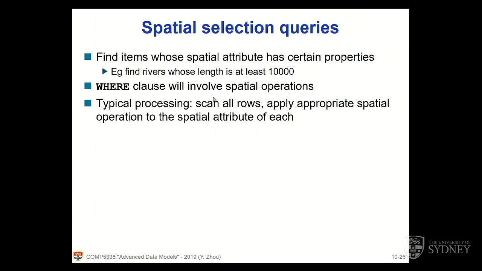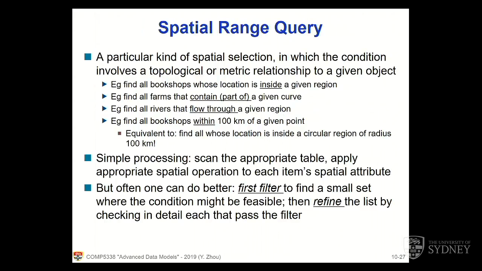So this is like a spatial query. The where clause will involve spatial operations. The typical process is, if we don't have index, we have to scan all the rows, apply appropriate spatial operations to the spatial attributes of each. But it might be helped with index.